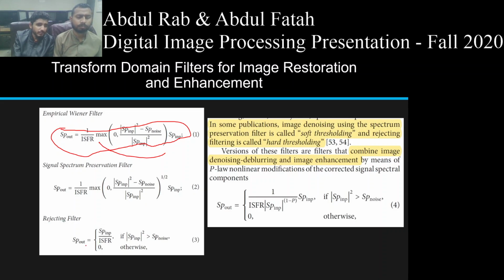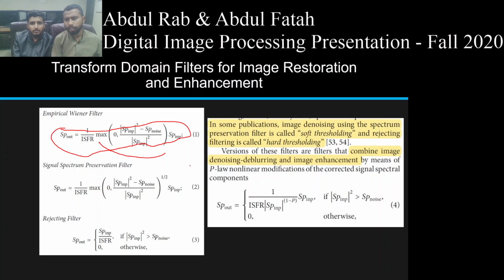The rejecting filter is a piecewise function, in which we are just dividing by ISFR. If the absolute square root of the input is greater than SP noise, we reduce this, otherwise we do nothing, just replacing it with 0 in our output image.